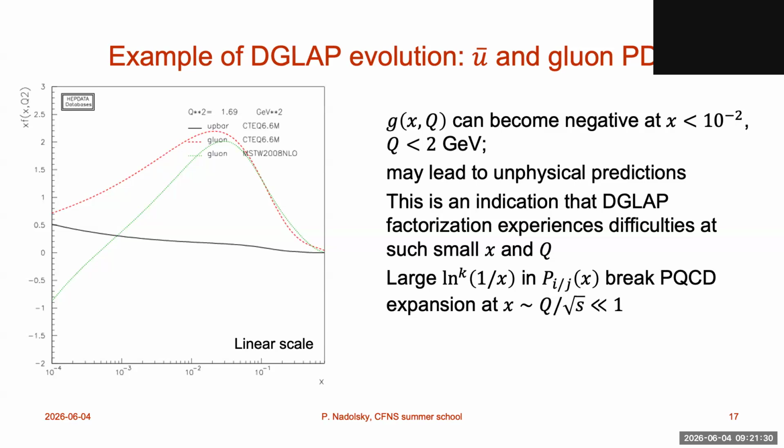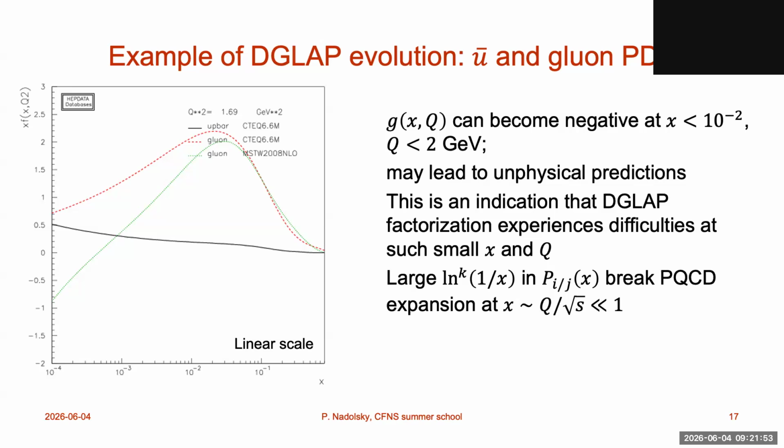You may ask how we can have negative probability. What it shows is that somehow our perturbation theory does not work at small x. Therefore you can find phenomenological parameterizations for gluon PDFs which go negative at small x. Again, this is at Q equal to 1.3 GeV.